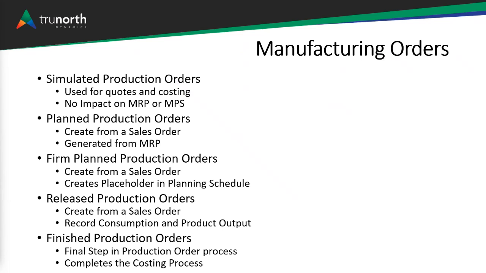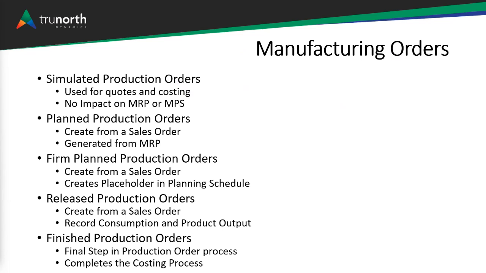A firm planned production order could also be created from a sales order. And importantly, it now starts to create placeholders for this production order in the planning schedule. I'm reserving time at the work center, the machine center, and the resource level.